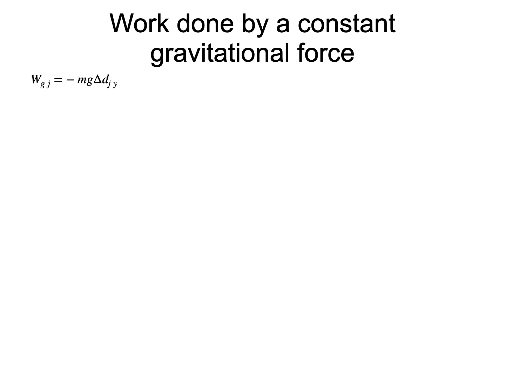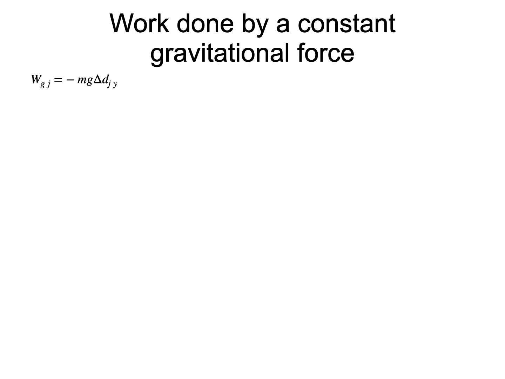So we have arrived at this expression for the tiny amount of work done by the gravitational force during the tiny displacement delta dj. Notice that the only element in this expression that has to do with the displacement is the vertical component of the displacement. The horizontal displacement has no bearing on the amount of work done by gravity.